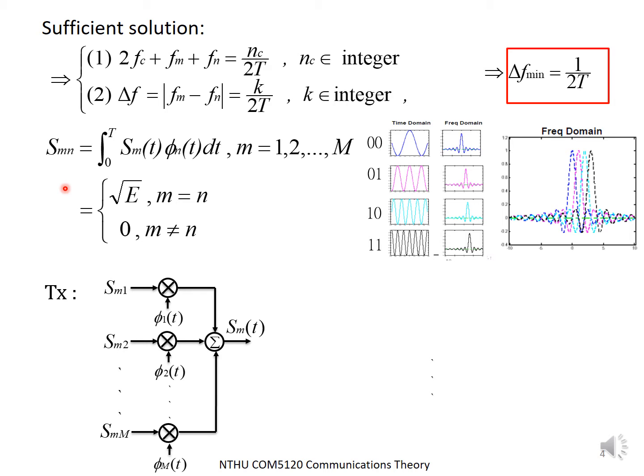The objective of the transmitter is to synthesize the transmitting waveform s_m(t), right? We have M different waveforms for transmission.